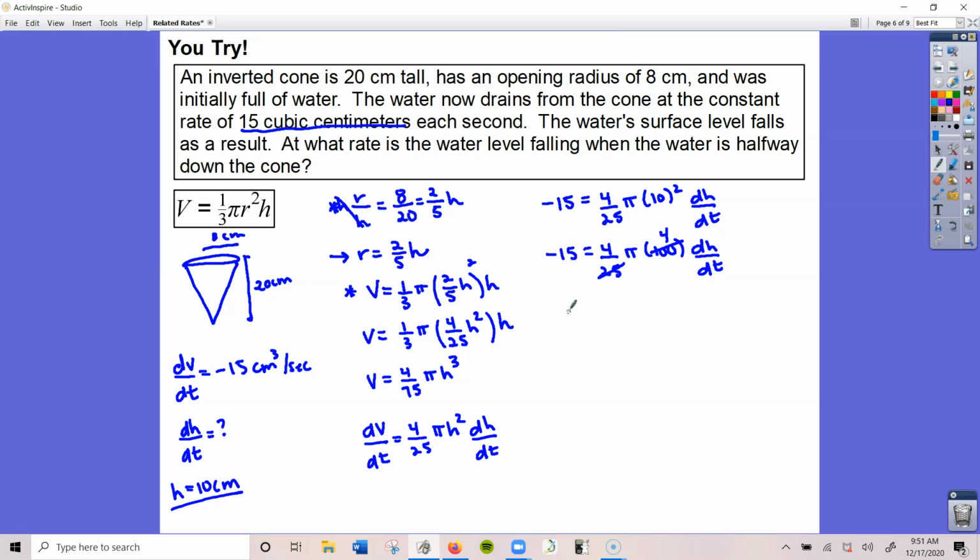So we get negative 15 is equal to 16 pi dh dt. To solve for dh dt, we divide by 16 pi. So dh dt is equal to negative 15 over 16 pi, and this is centimeters per second.